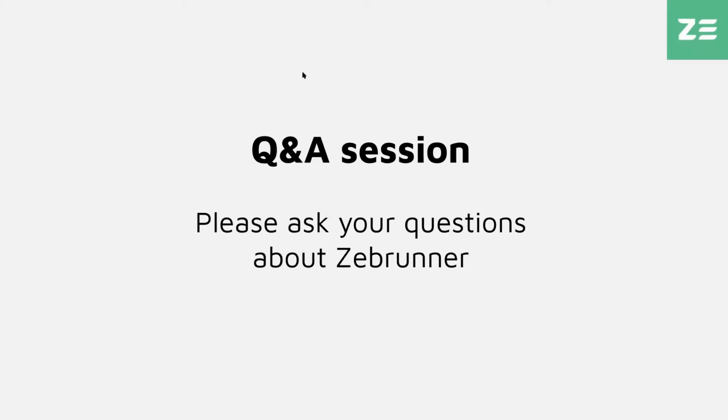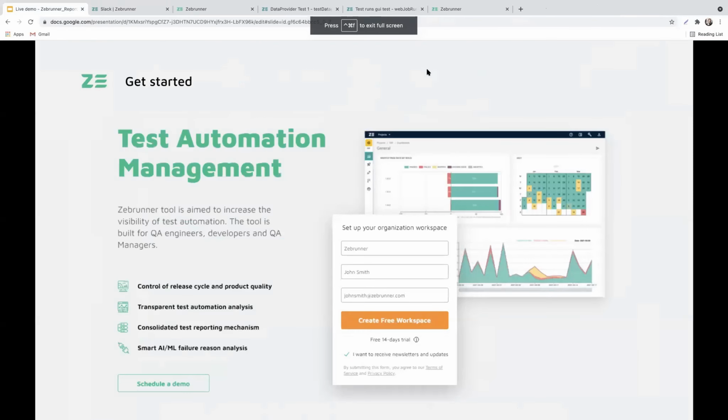Hello, everyone. Thank you for your demo. I hope you hear me. Yeah, we can hear you. It would be great if you could show the email report template that you've mentioned, how it looks, the email that you send to the managers to show the results. Yeah, sure.